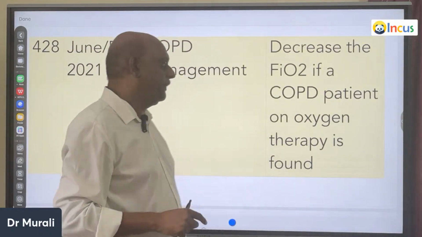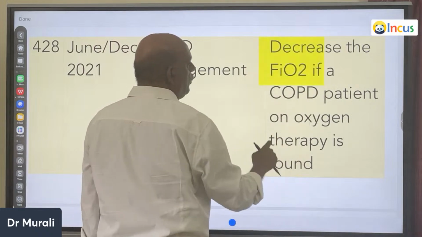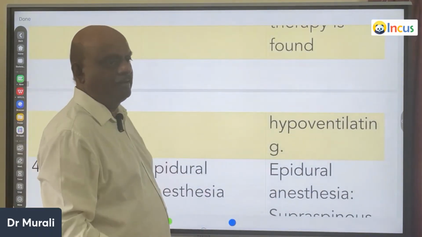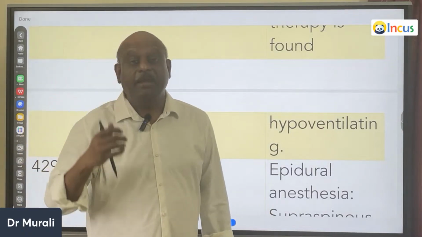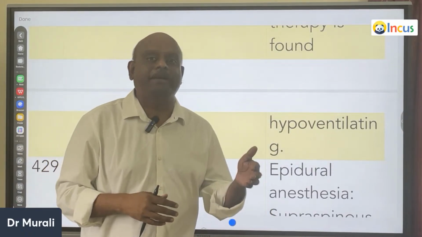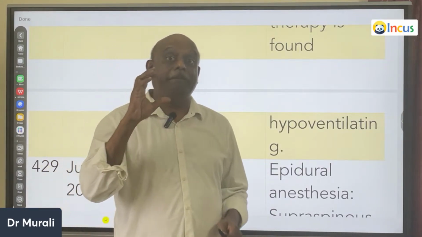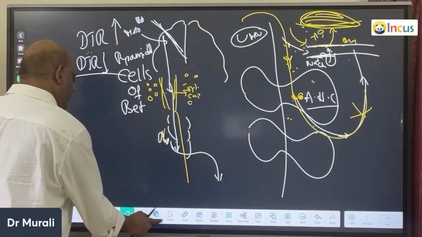So how do you manage COPD? Any decrease in FiO2 in a COPD patient on oxygen therapy, what does it mean? It means he is going into hypoventilation. That's the reason in COPD patients there is something called permissive hypercapnia. So what is the meaning of that?